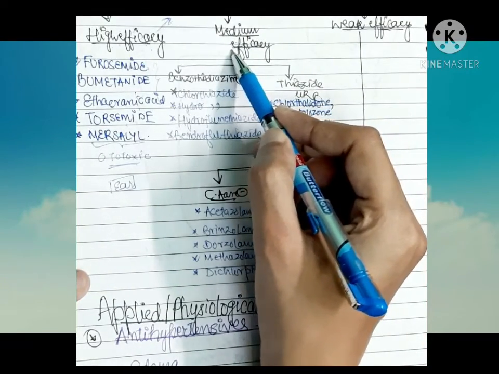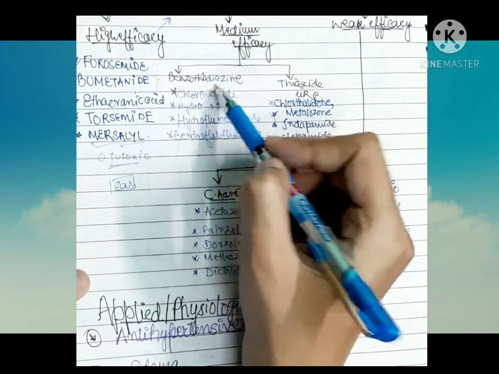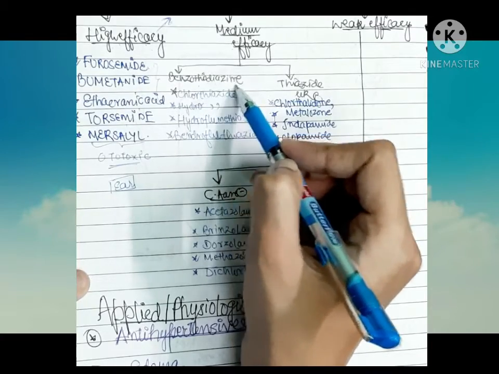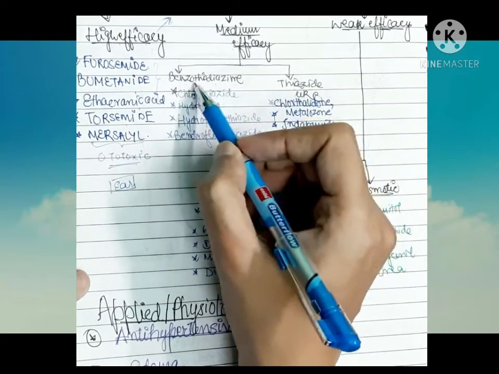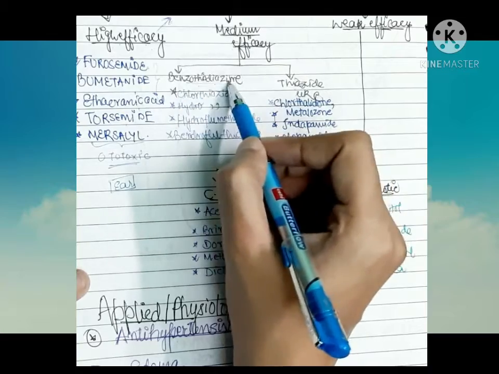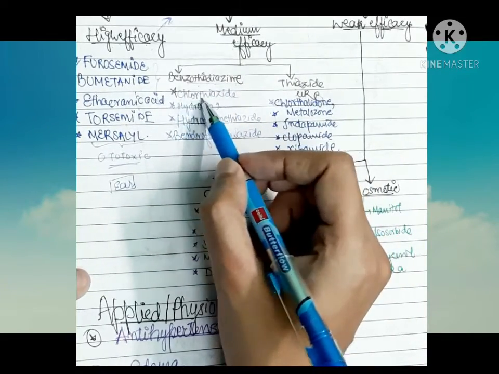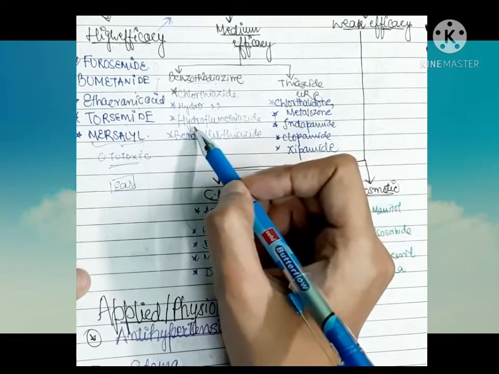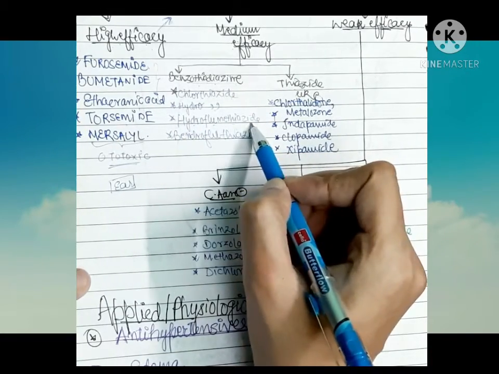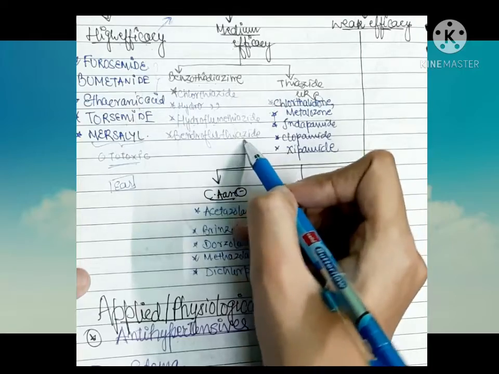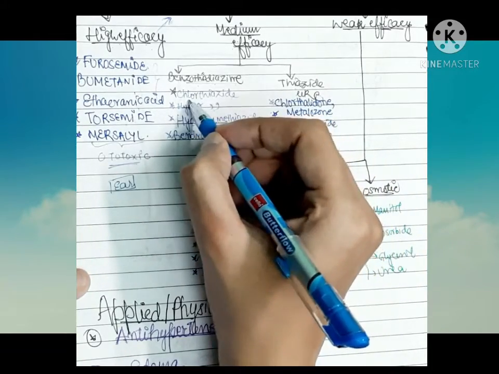Then medium efficacy. In the medium efficacy there are benzothiadiazines, or more appropriately, thiazide and thiazide-like. In the thiazides, the names of the drugs are chlorothiazide, hydrochlorothiazide, hydroflumethiazide, and bendroflumethiazide. How do we understand this?